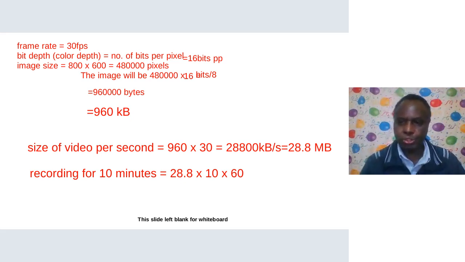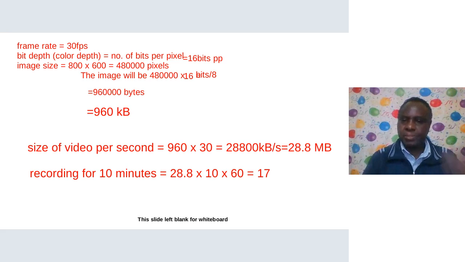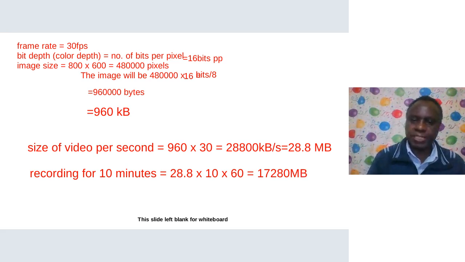So you have to multiply by 10 minutes, and each minute, of course, the number of seconds is 10 times 60. So that gives you your figure that you gave there, which was 17,280 MB, which then can be converted into GBs.